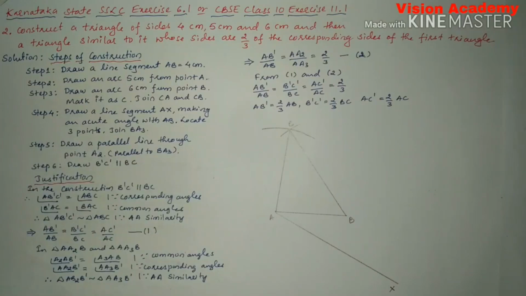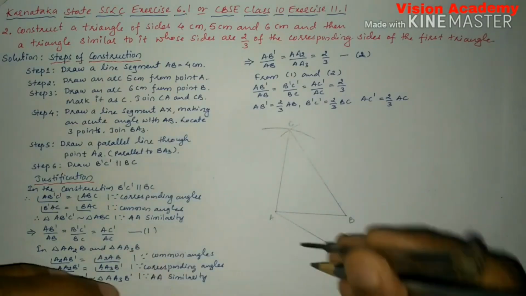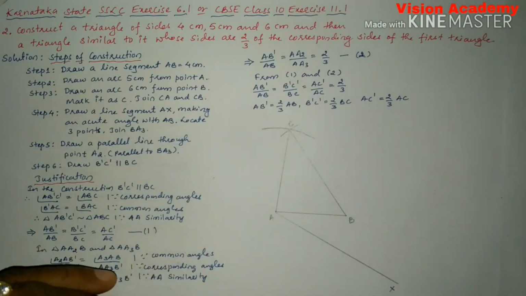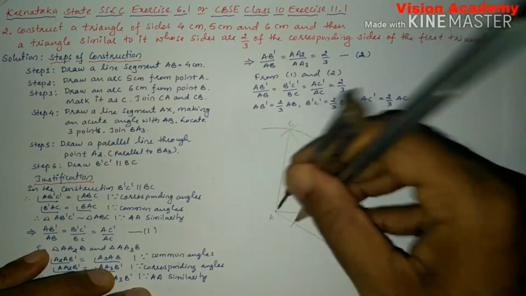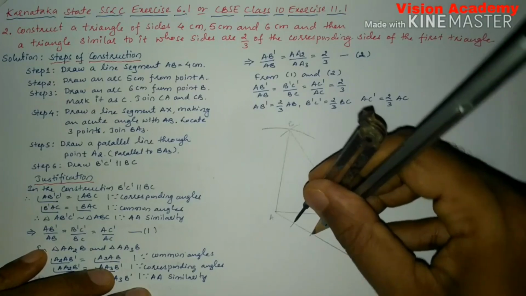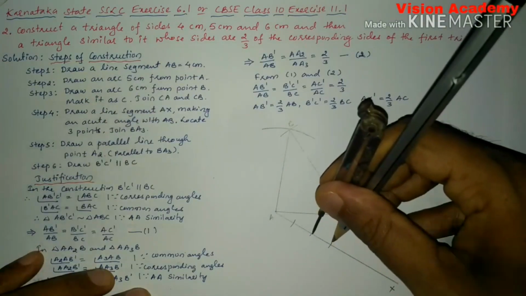Now we'll locate 3 points. So let us take any size in the compass and from point A, point 1, point 2 and this is point 3.